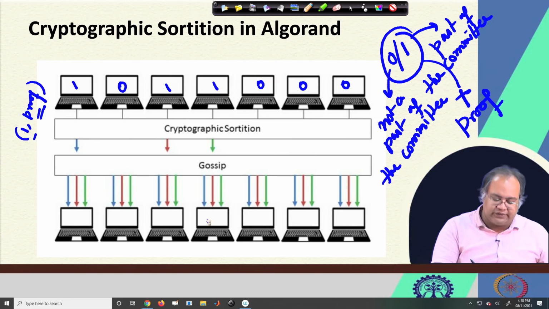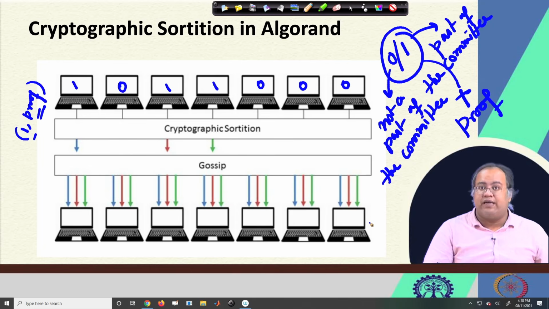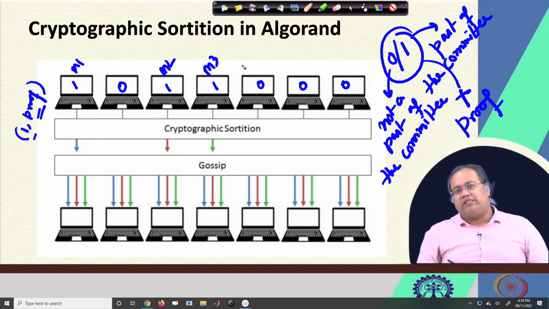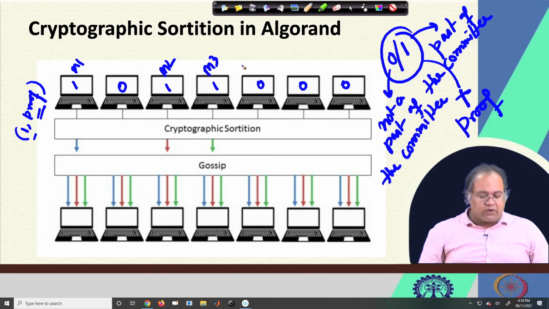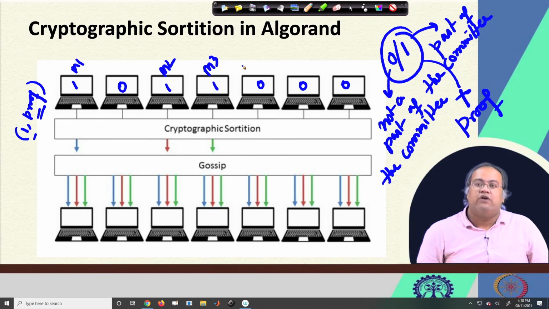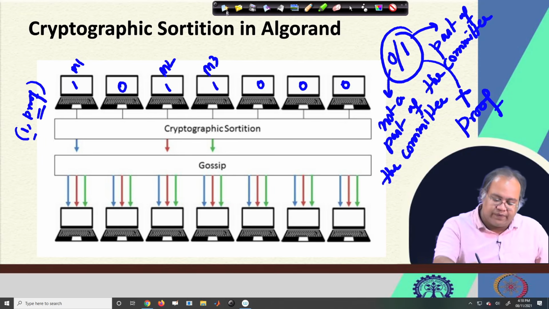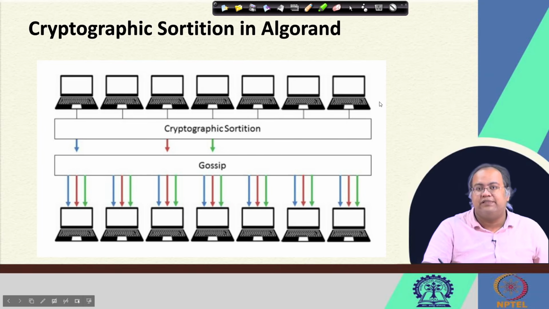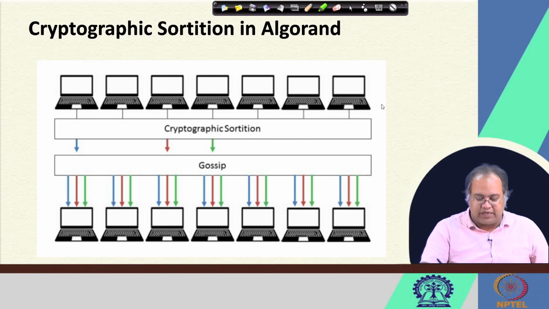That information is sent via the gossip protocol to all other members in the network. That way everyone understands that at this round, say member 1, member 2, member 3 are members of the consensus committee. Consensus committee means the committee I was talking about earlier, which is going to validate the newly proposed block.